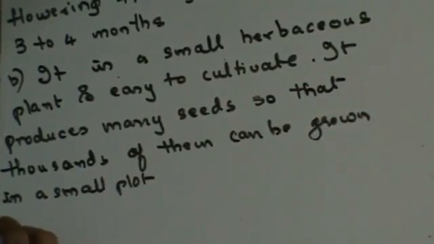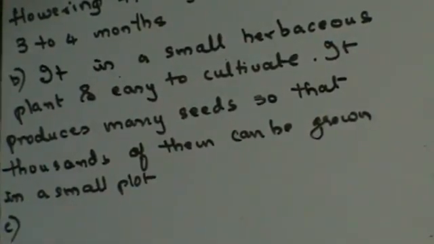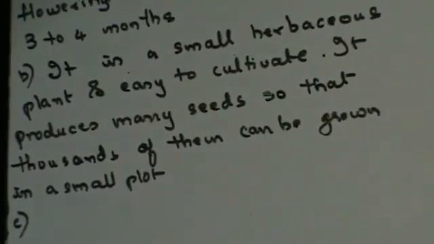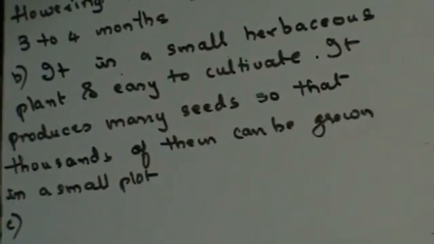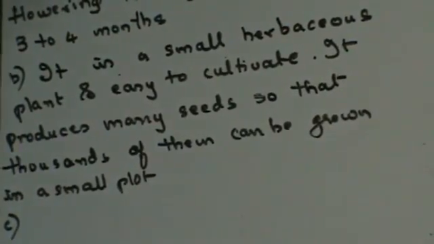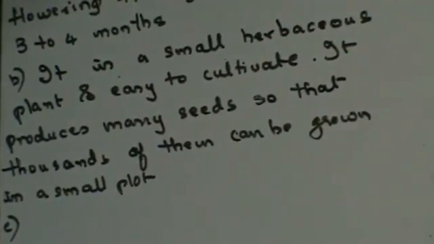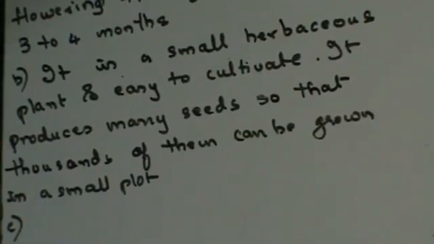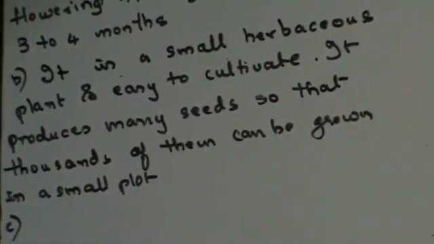Right? Third, let's come to the flower. Now, the flowers of a garden pea plant are naturally self-pollinating. Hence, they are available in pure form to start any hybridization experiment.